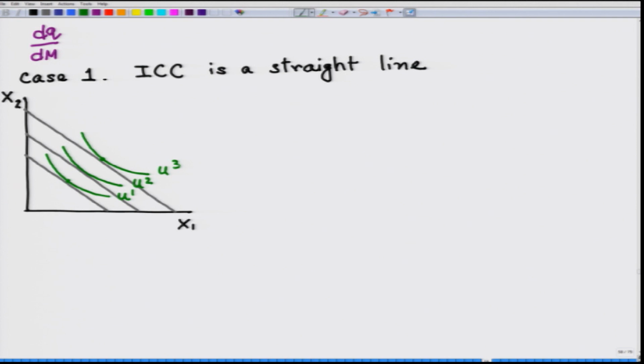Right. So, if we join, then we get a straight line ICC.